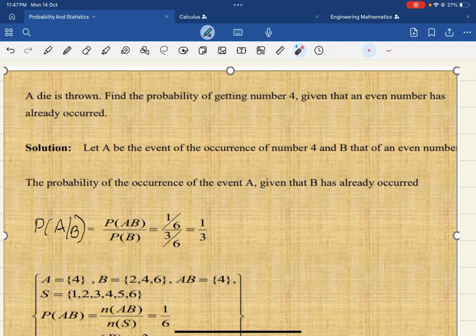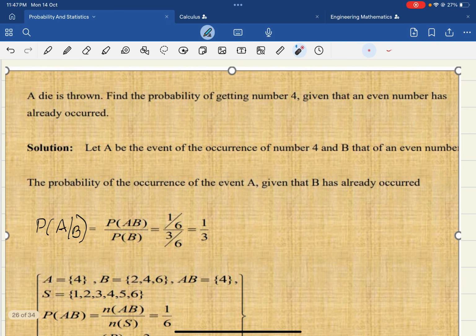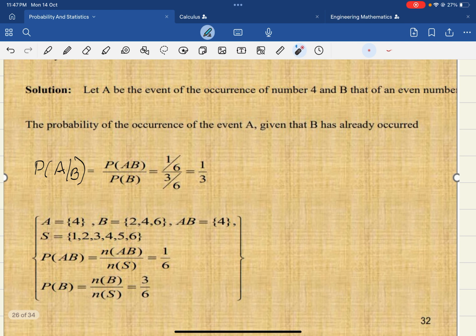So what is the probability of getting 4? That is the question. So A is 4 and B is the even number already happened. Then P of A given B is given by P of A intersection B by P of B. How to find P of A intersection B? For this, what is A? A is the event of occurrence of 4. Correct? A is 4.